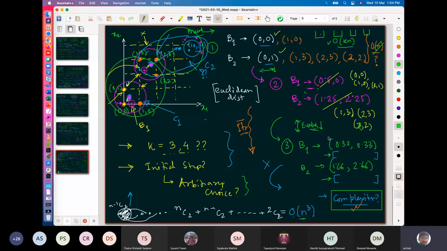Even if the number of points you put inside a basket keeps on changing, my cluster characteristics are also getting poorer. So I have lost a good point. So you need to keep checking, not only stop when no number of points are changing.